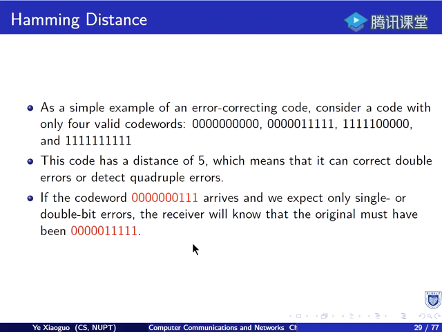So we give a simple example of an error correcting code. Consider a code with only 4 valid code words.